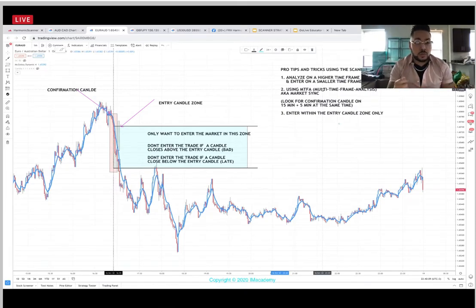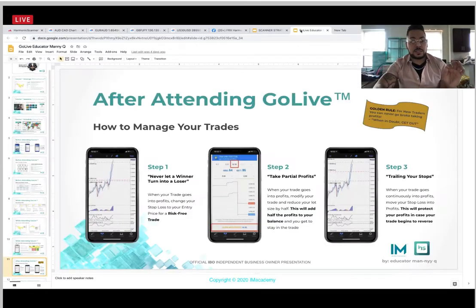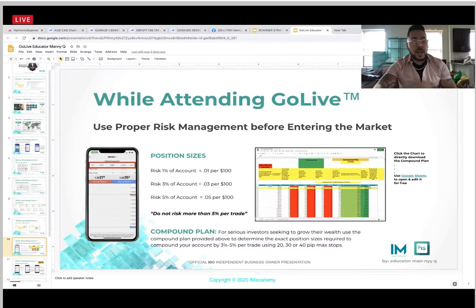And I can promise you, don't let this go over your head. This entry technique, whether you are trading harmonics or any other strategy, I can promise you, if you adopt this entry technique, and you follow our three steps to risk management, never let a winner turn into a loser, taking partials and trailing your stops, and you're trading with proper risk management, compounding, I can promise you that all the results you ever wanted, you're going to have.